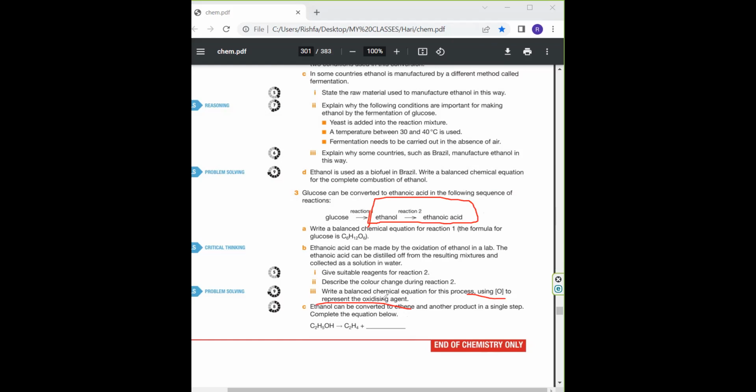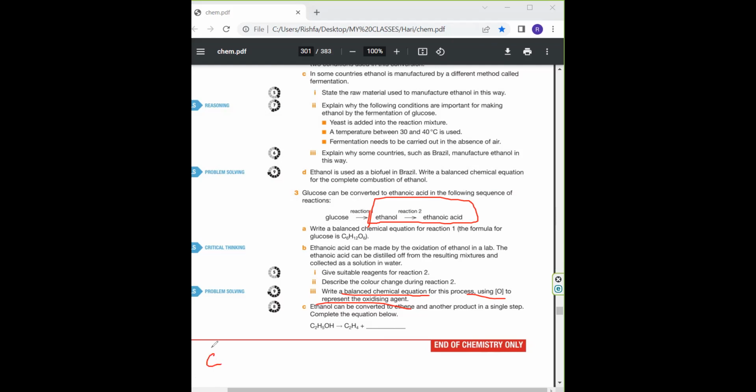For this reaction, they're asking you the balanced chemical equation using oxygen as the oxidizing agent. Who is the oxidizing agent? Ethanol? No. Go to the note. Oxidizing agent. Potassium dichromate. Yeah, potassium dichromate.